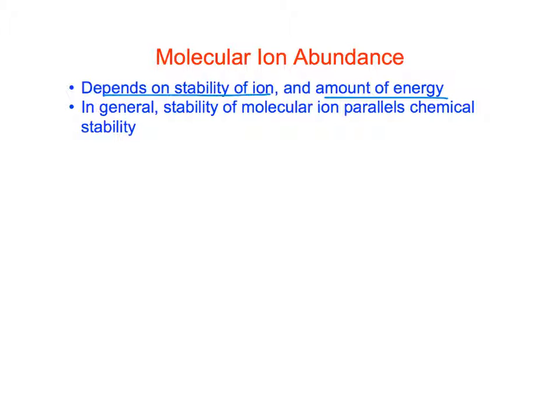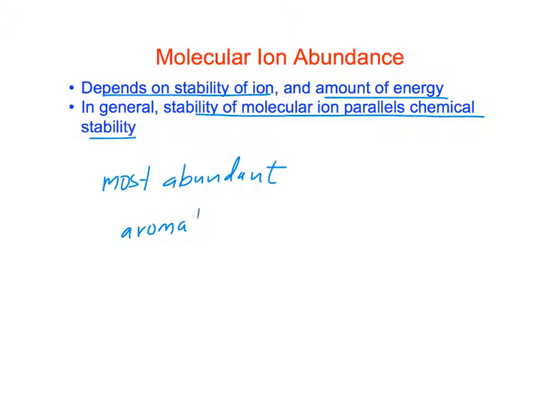In general, the stability of the molecular ion parallels its chemical stability. All right, so the most abundant are usually ions that are, say, aromatic. Right? Because there are not super easy ways to just break the aromatic ring apart.